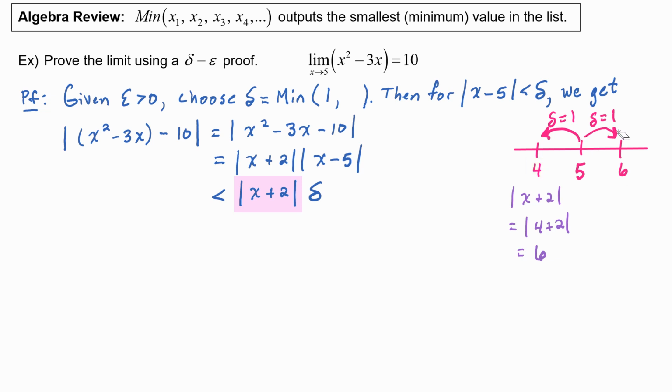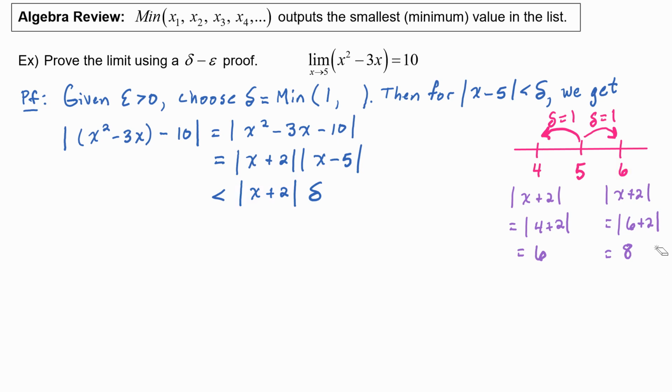If we let delta equal 1 going to the right, our x value could get as big as 6, and then the absolute value of x plus 2 would be equal to the absolute value of 6 plus 2, which is 8, and the absolute value of 8 is 8.